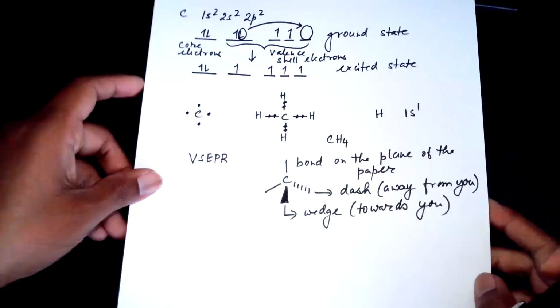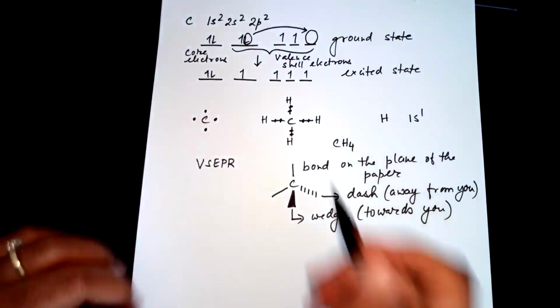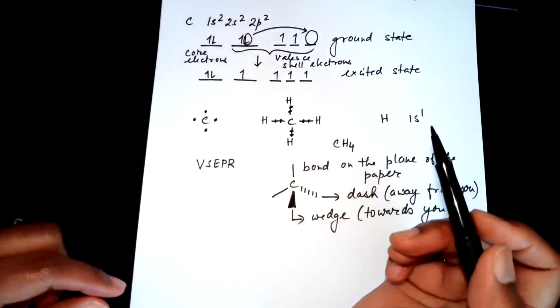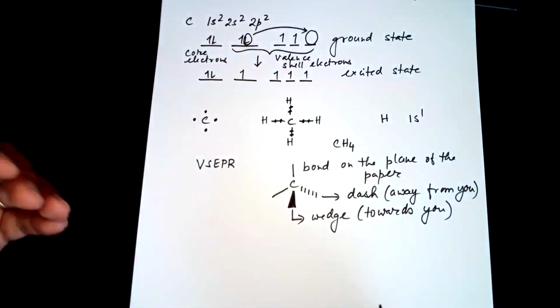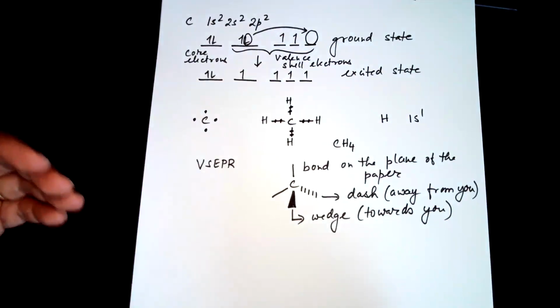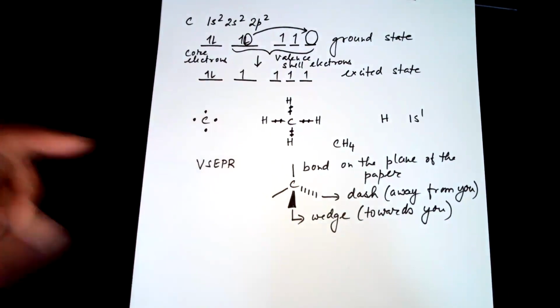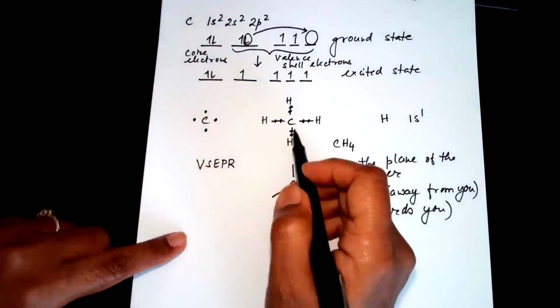When I drew my CH4 molecule first as a square, these bond angles should have been 90 degrees, but that would mean these electrons are too close to each other. This is just the representation of your molecule in 2-dimensional space. But honestly, these molecules are in 3-dimensional space, so they don't need to be a square. The farthest apart they can be, according to valence shell electron pair repulsion theory, these are all negative charges.